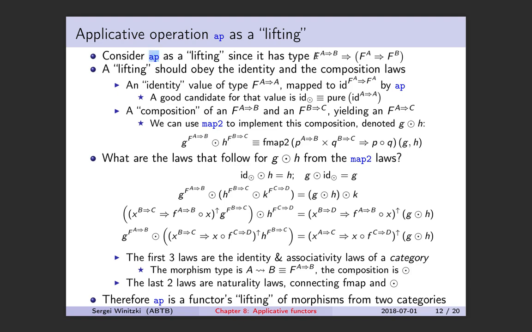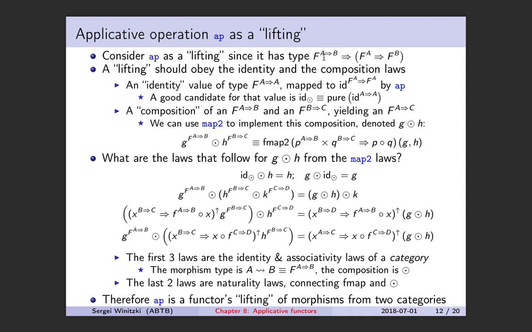So app is a function of this type. Now, we can consider it as a kind of lifting. So we have this function and we lift it into this. But actually, this is not a function. This is a type constructor whose type parameter is a function type. So this is not really a lifting of a function into some other functor.